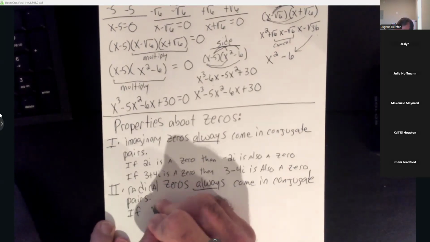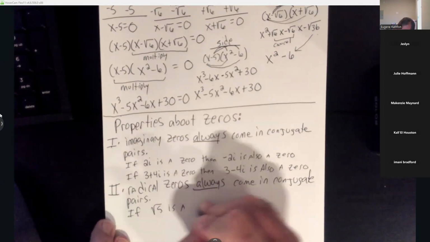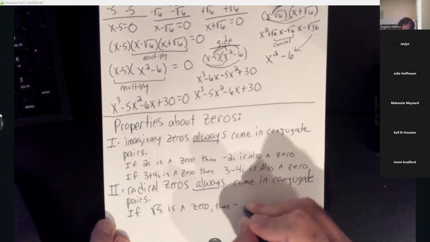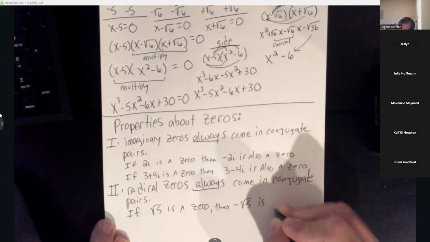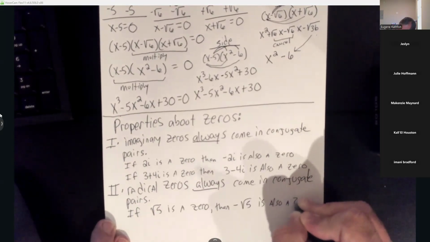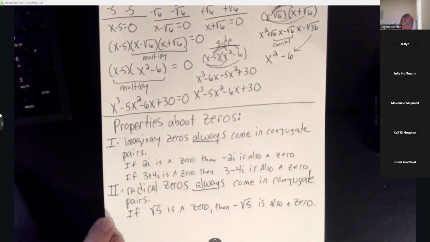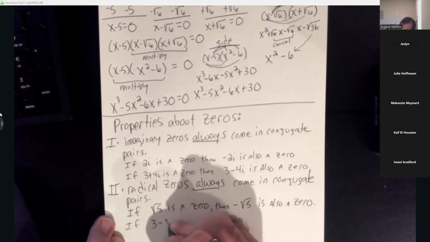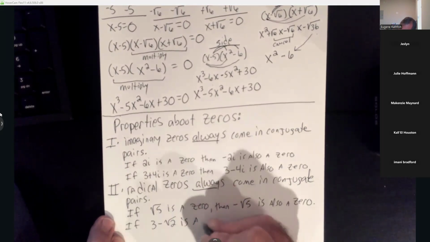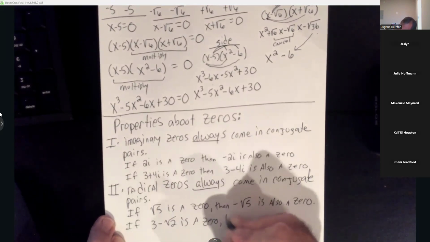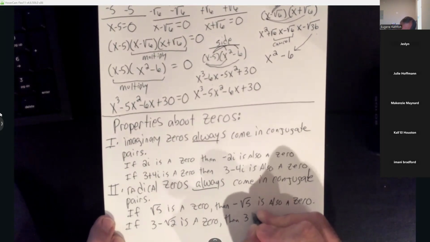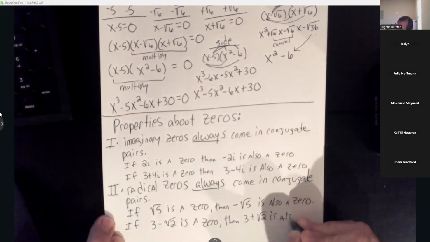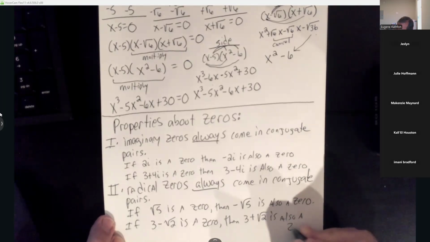So if square root of 5 is a 0, then negative square root of 5 is also a 0. If 3 minus square root of 2 is a 0, then 3 plus square root of 2 is also a 0.